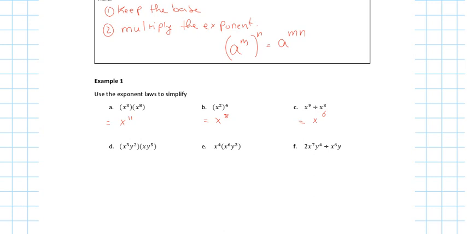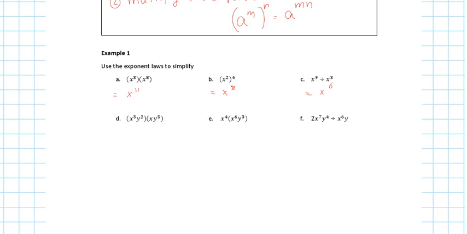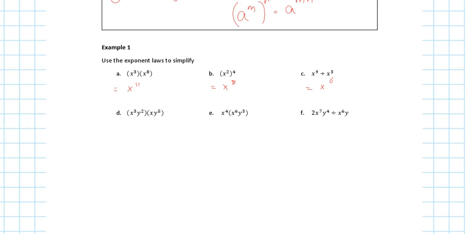All right, how about the next one? What do I do? Add which ones? The exponents. So all together? No, each one. What's each base? So I have x cubed times x. I can add the exponent for the x's, right? Because they have the same base, I can keep that base and then add these exponents.